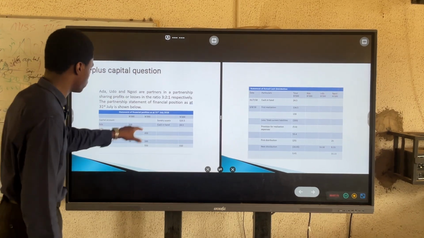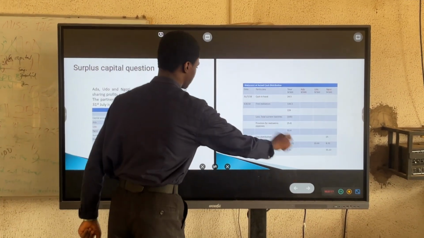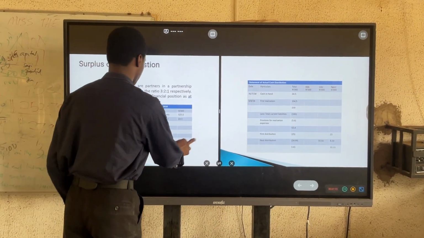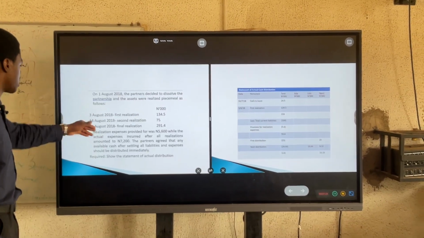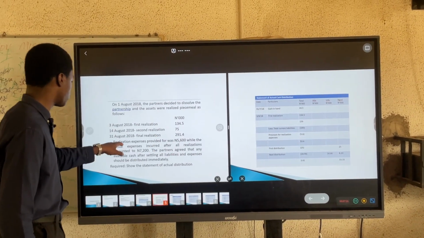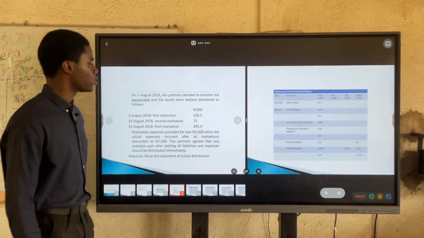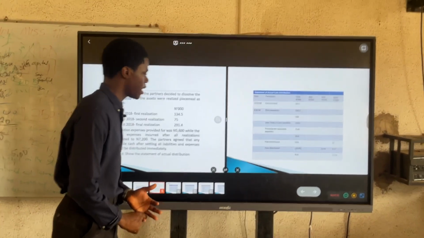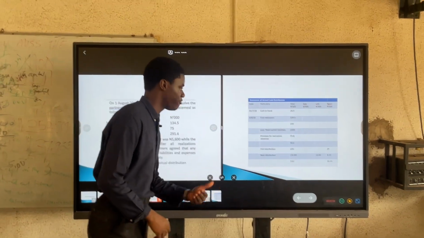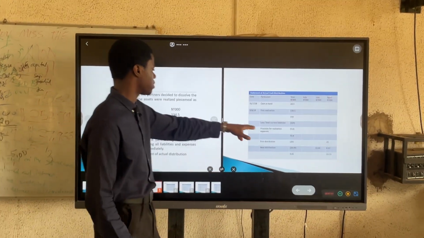If you sum them up, it's going to give you 100, and then they less the total current liabilities. Also, we have provision for expenses. So the realization expenses provided for was 56, while the actual expenses incurred was 72. So it means that the liability they had was their total current liabilities, and then the provision that they made for realization expenses, which gives us this.